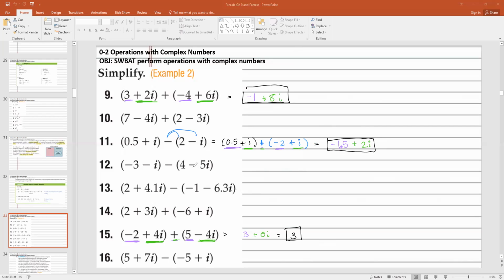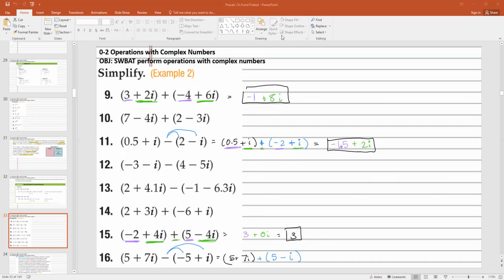I guess let's do 16. So 16, again, the first one does not change. 5 plus 7i does not change. The one that changes is the one on the right. So that becomes a plus. This becomes a positive 5. And that plus i becomes a minus i.